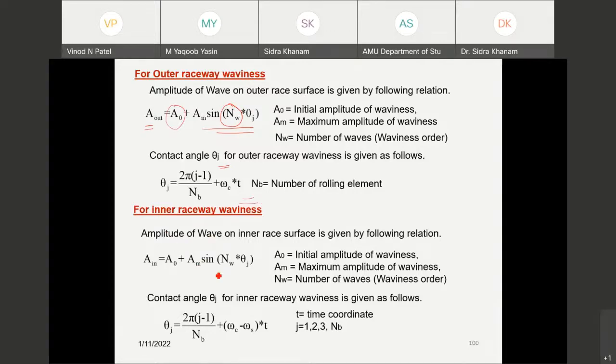And for the inner race it is almost the same kind of thing, but here the value will change for MW.